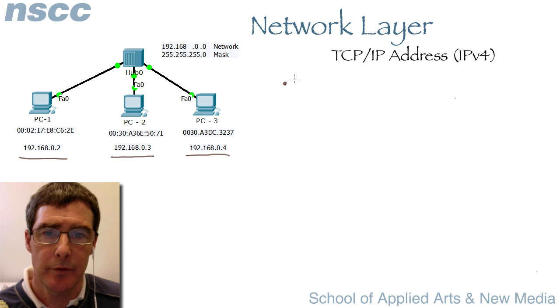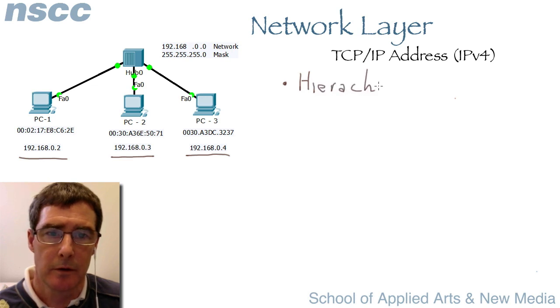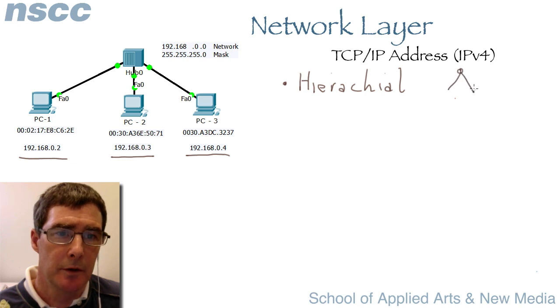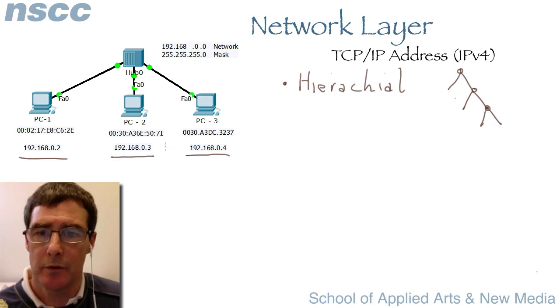So IP addresses solved this problem. The whole IP address structure is hierarchical, sort of a tree structure, and it becomes easy based on the IP address to determine where machines are.